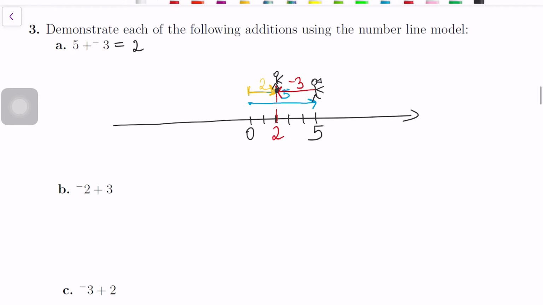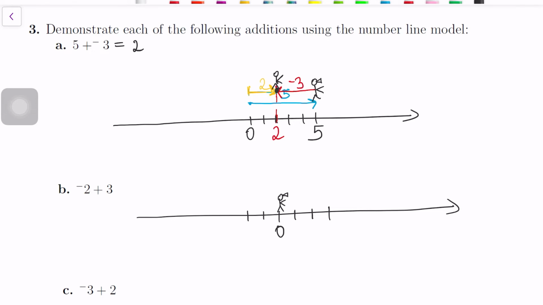Okay, so let's do -2 plus 3. So here is somewhere 0. First, you're starting by facing east, right? Looking this way. This is your vision.